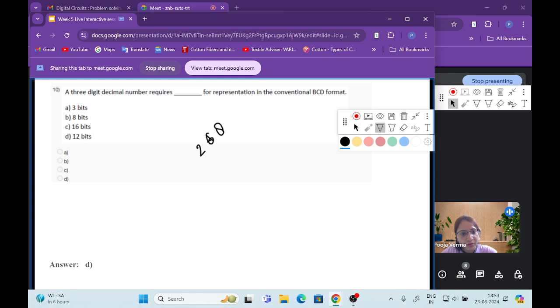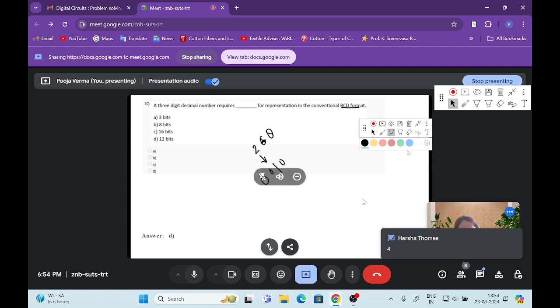A 3-digit decimal number requires, for representation in conventional BCD format, how many bits? We already know that to represent 1 decimal digit, 4 bits are required. For example, for 2 the representation is 0 0 1 0, for 1 digit, right?